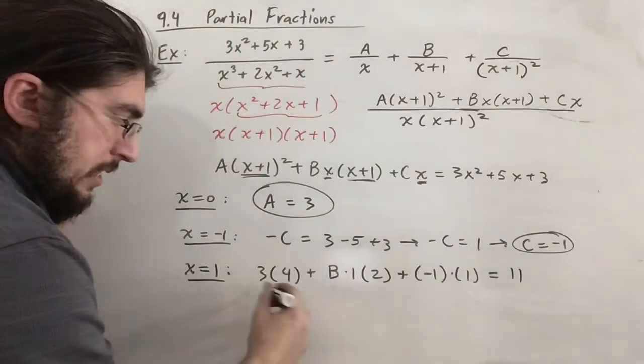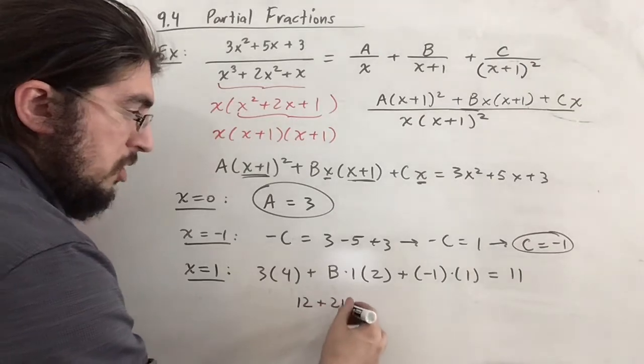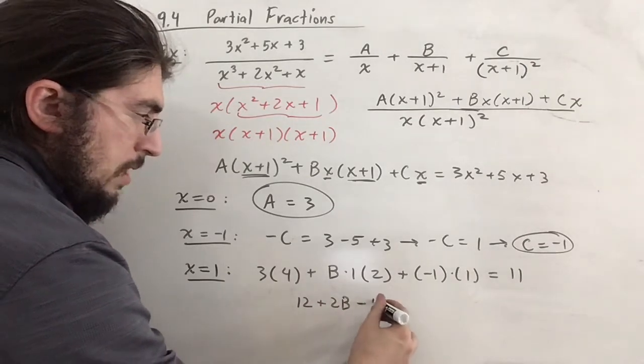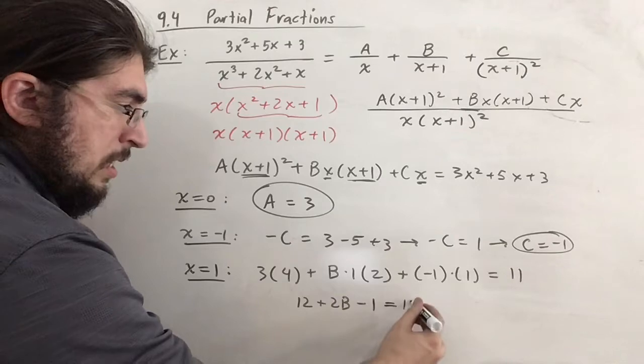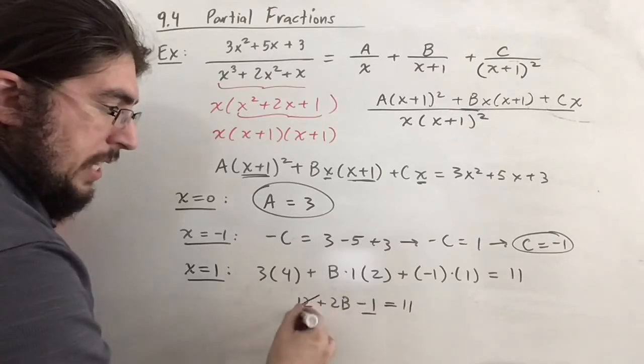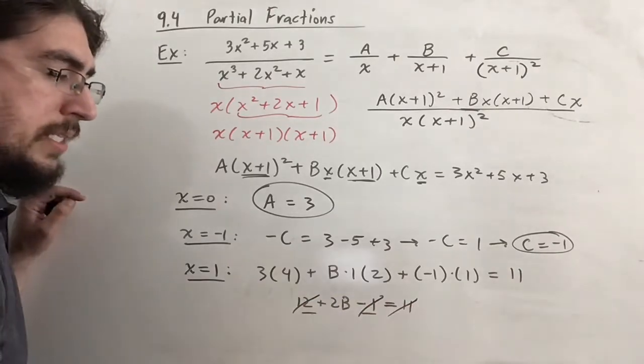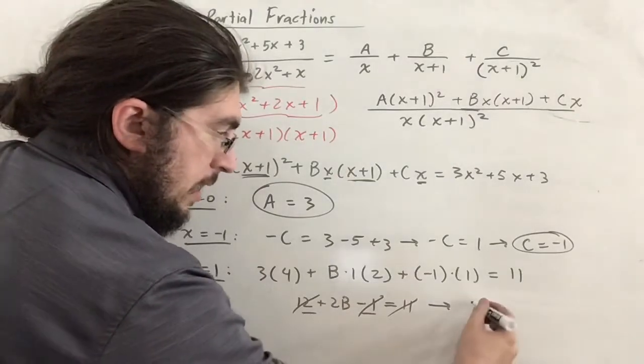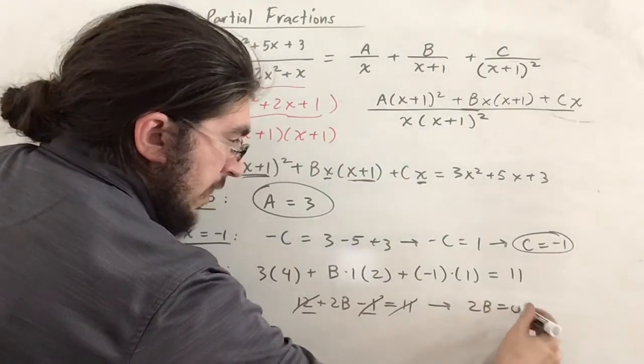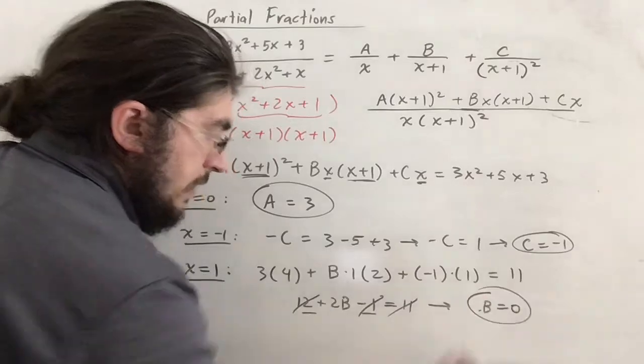So let's combine some things here. We get 12 plus 2b minus 1 equals 11. Notice these combine to 11, so you can actually subtract 11 from both sides. And you just get that 2b is 0. Dividing by 2 gives you b is 0, actually.